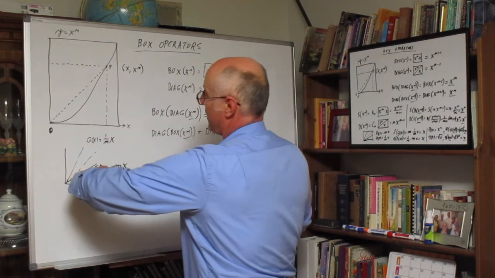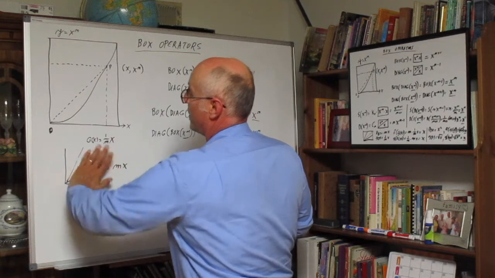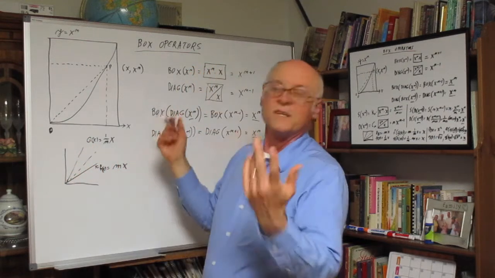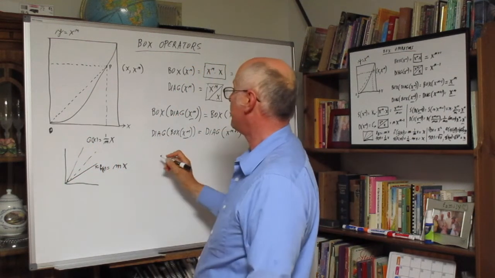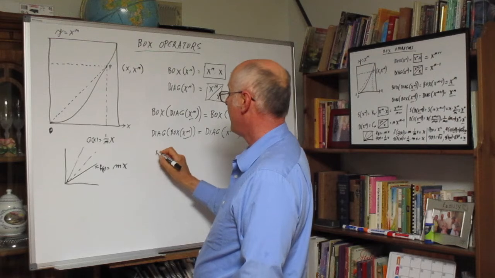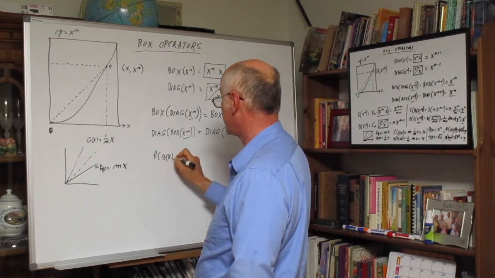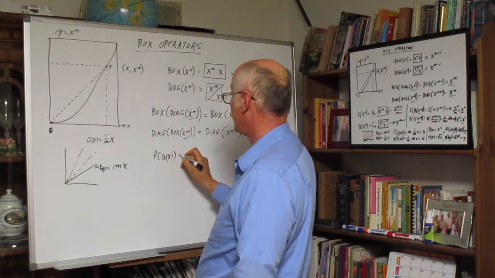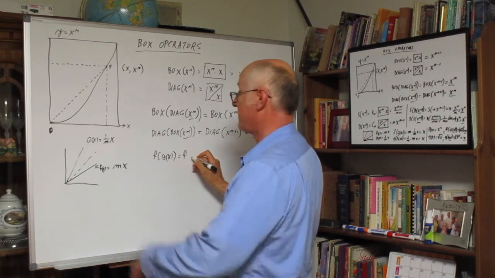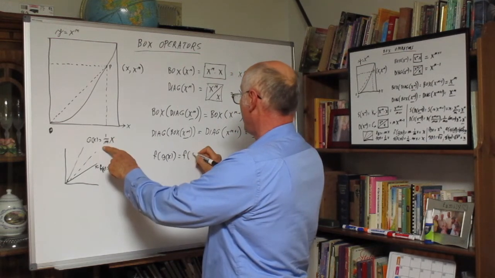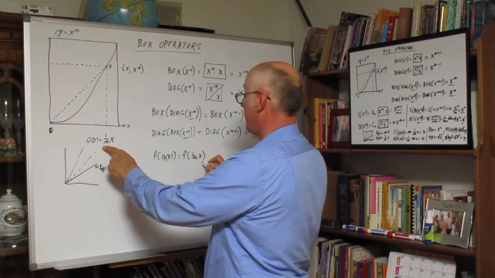The slope here is m, the slope here is 1 over m. And so what happens if you take f of g of x? Well, that equals f of 1 over m times x.